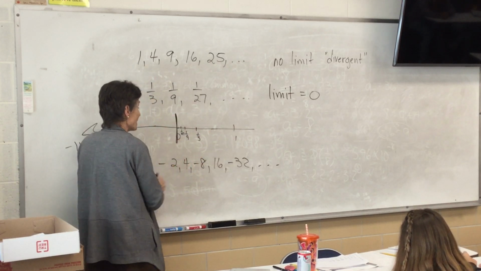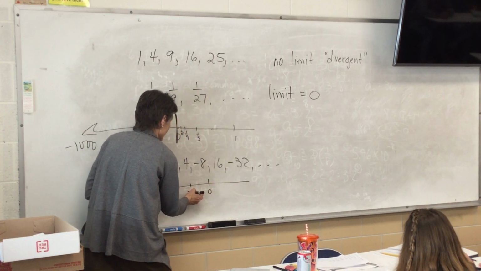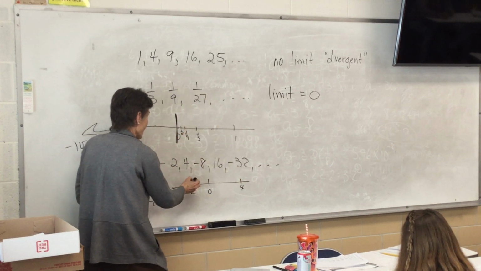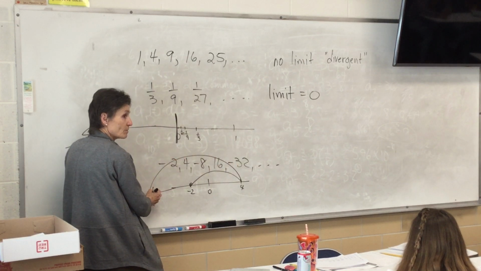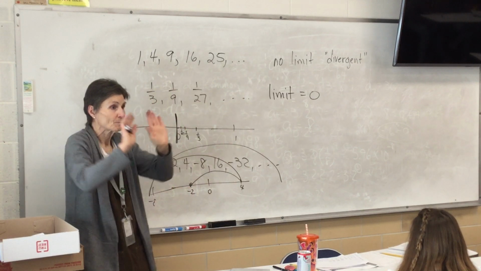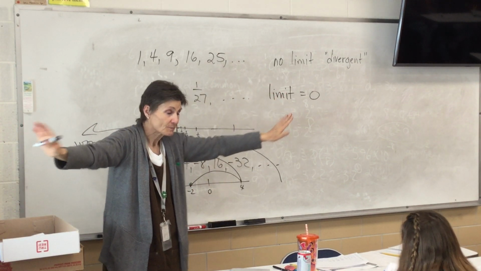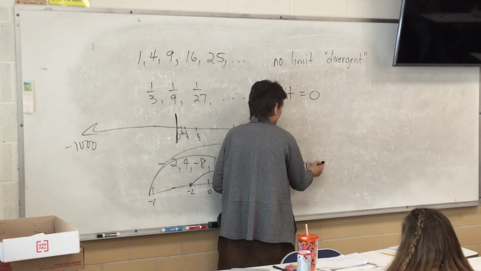But if you think about that number line again, here's 0, here's -2, here's 4, here's -8. They're flipping back and forth, but every time they flip, what are they doing? Going farther out. So this one is also divergent.